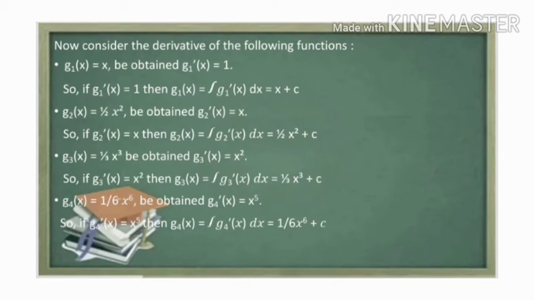So, if g4'(x) equals x^5, then g4(x) equals integral g4'(x) dx equals 1/6 x^6 plus c.